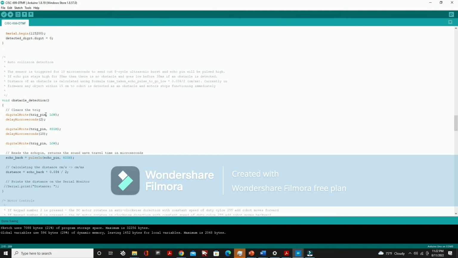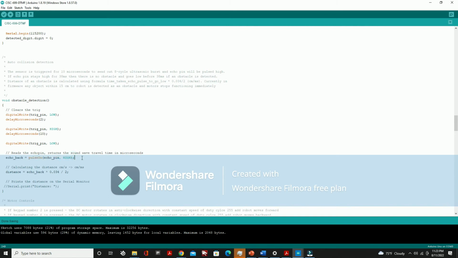Here, first I clear the trigger pin, and then I pull the trigger pin to high for 10 microseconds. That sends the 8 cycles of ultrasonic burst, and then I pull the trigger pin to low. The echo pin is read to see whether the waves are reflected back or not.